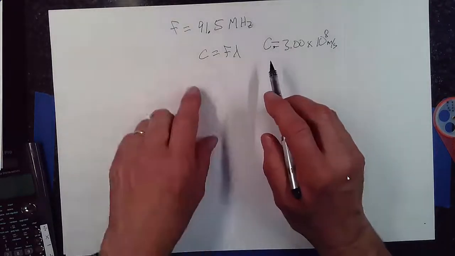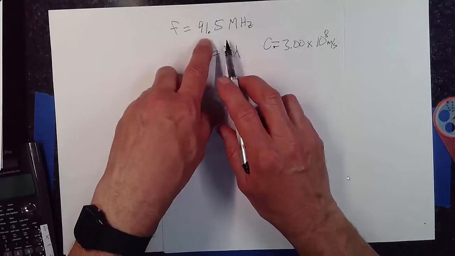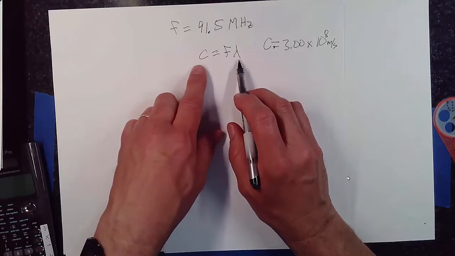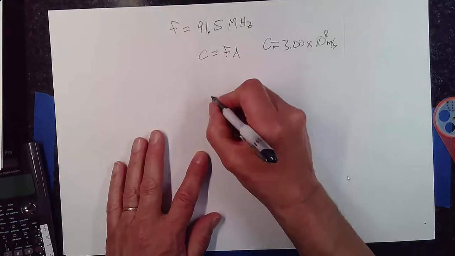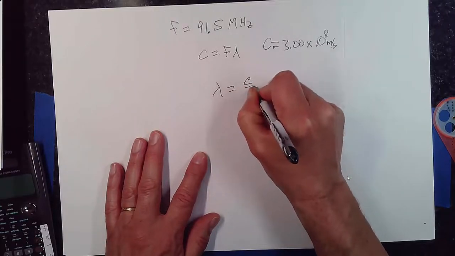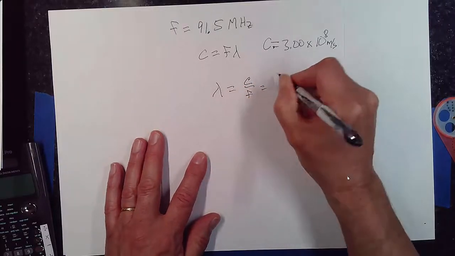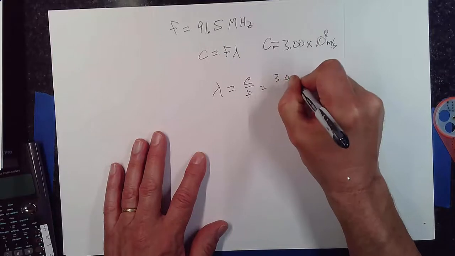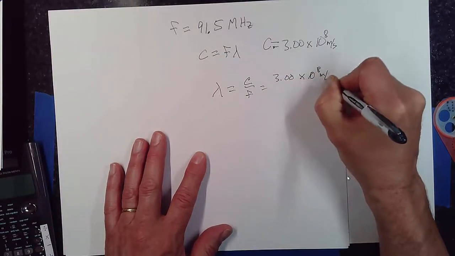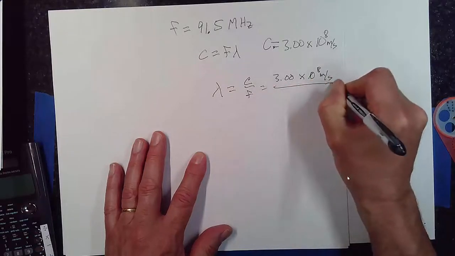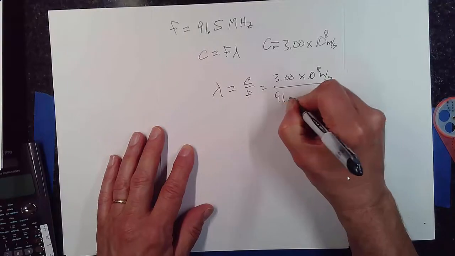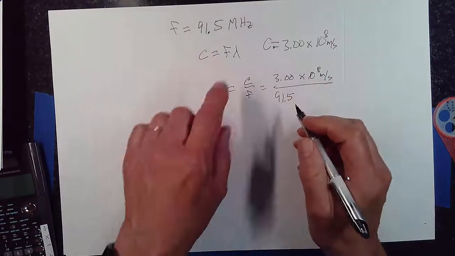But in this case, the frequency is that many megahertz. We want the wavelength. So if I solve for the wavelength on here, I would get lambda is equal to C over F, 3.00 times 10 to the 8th meters per second, and the frequency here, 91.5 mega.